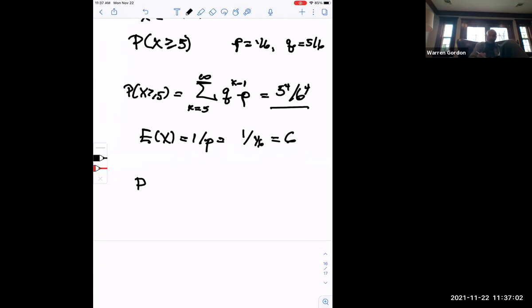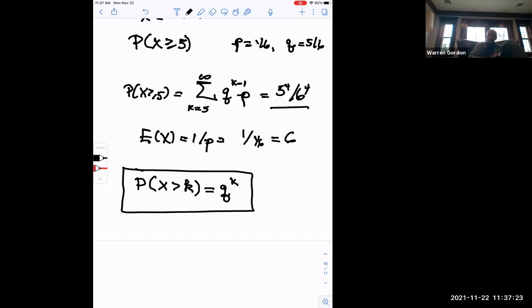For a geometric series, the probability that it takes more than k trials to get the first success means the first k trials were failures. So one can prove that this must be true for a geometric distribution.